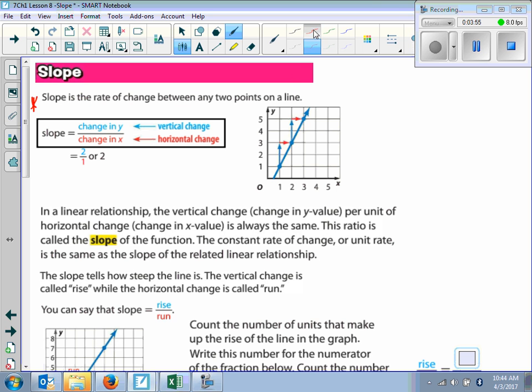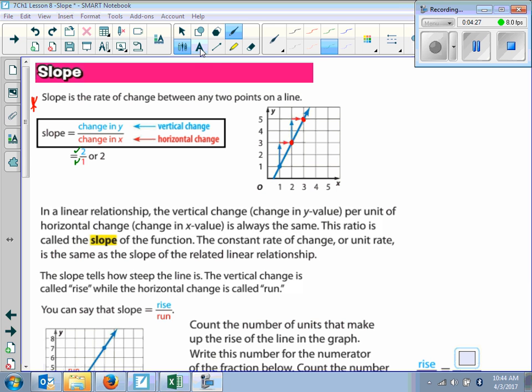If we go from this point here to this point here, we're going up 2. So the change in y is 2. And then we're going to the right 1. So that's the horizontal change, which is 1. So my slope will be 2 over 1, which is equal to 2. Is everybody clear with that?